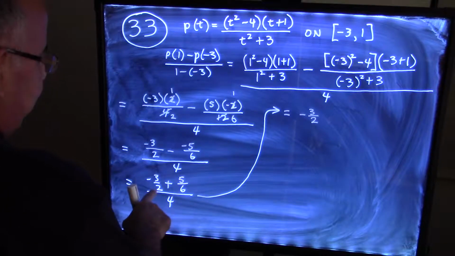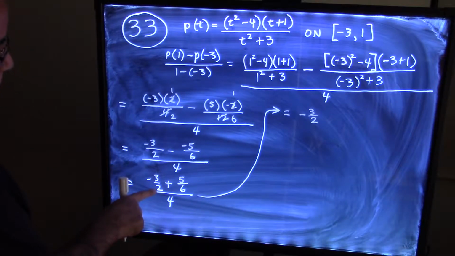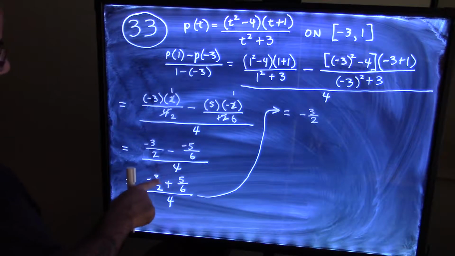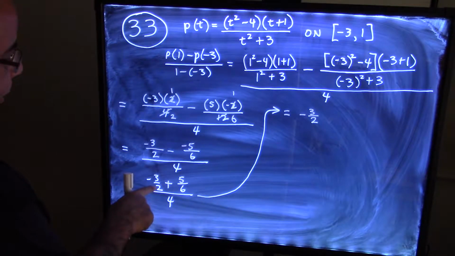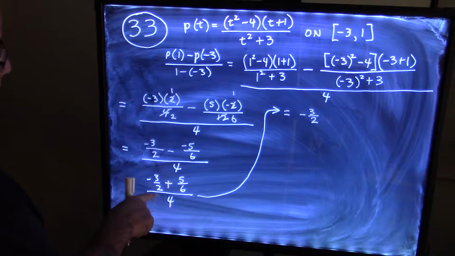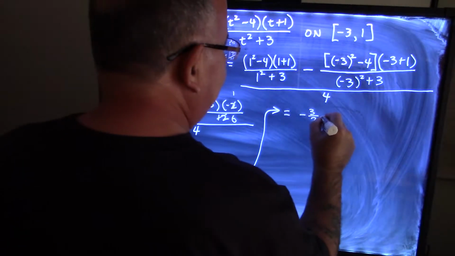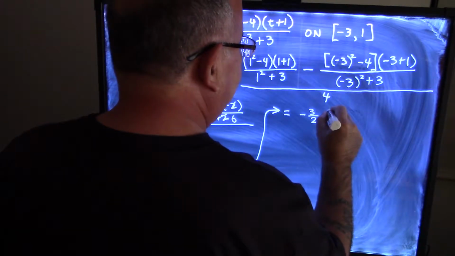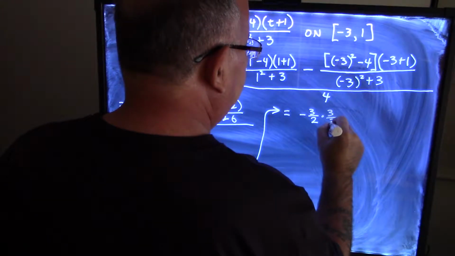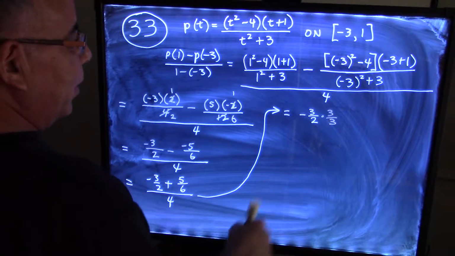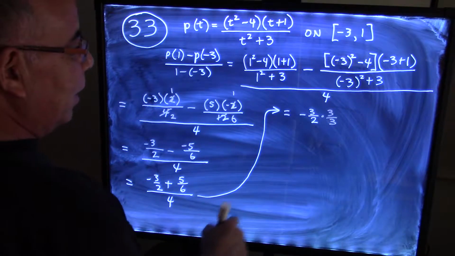In order to get a 6 here in the denominator, I have to multiply that by 1. I don't want to change the value of that fraction, but I do want a 6 in the denominator. So to do that, I would need to multiply that by a 3. But in order to multiply by 1, it would have to be 3/3. So I multiply this by 3/3. Again, you're multiplying by 1, so you're not changing anything really.